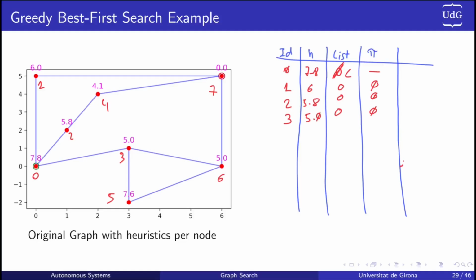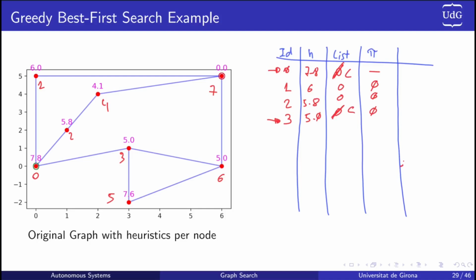Now we take from the open list the one that has the smaller heuristic. The first one was node 0, and now the next one is node 3, which has the smaller heuristic, 5.0. I remove it from the open list and put it in the closed list.